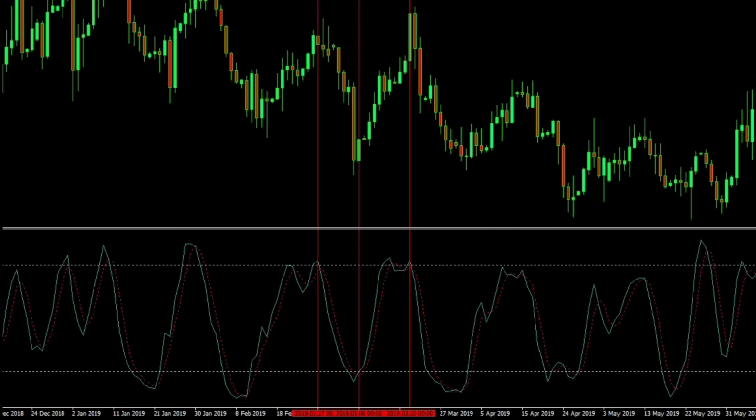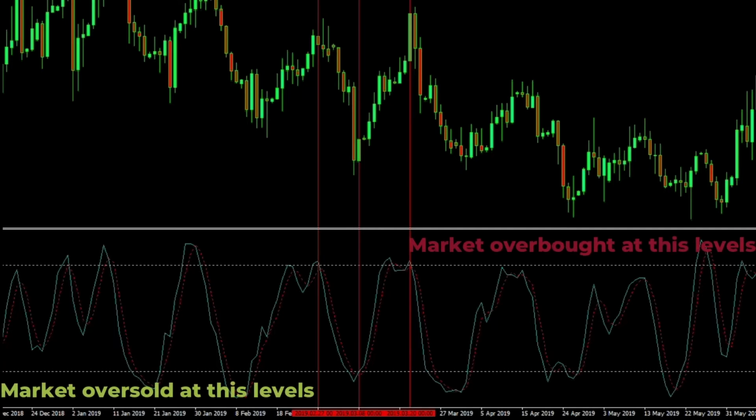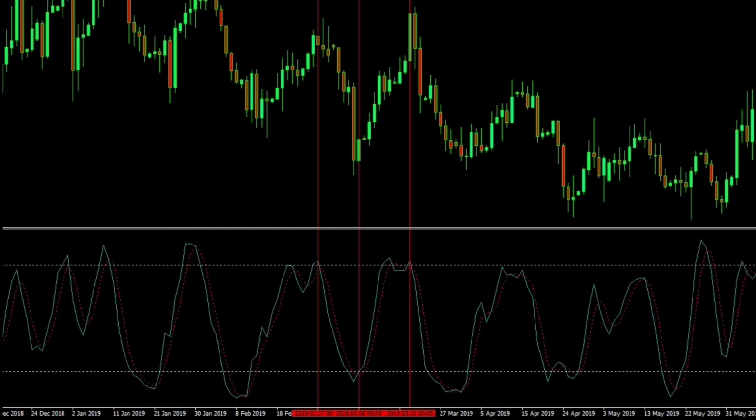The stochastic can measure these cycles, a peak at overbought or oversold. Of course, these are just constructs. There is no overbought or oversold in the market. This level signifies a shift in the opposite direction, with the two indicator lines crossing over.